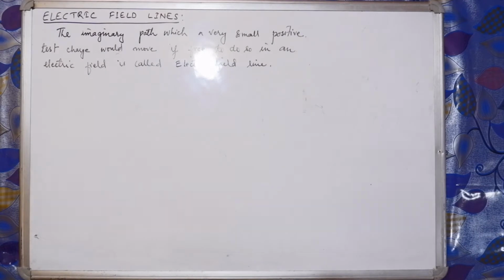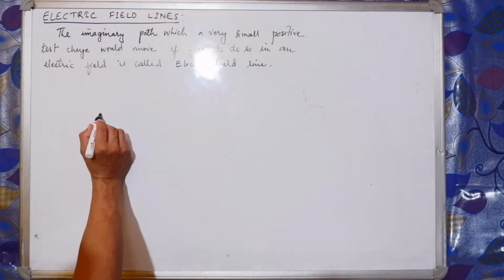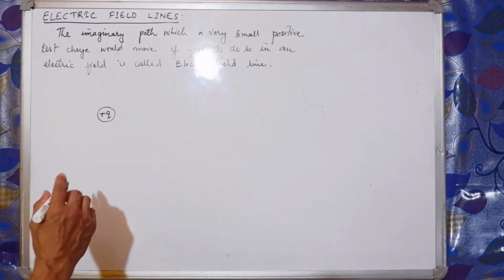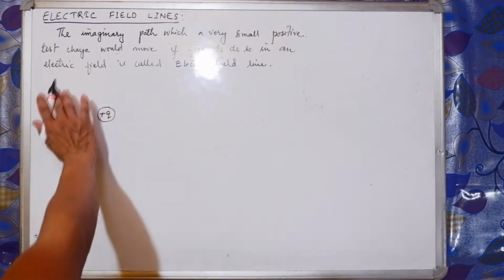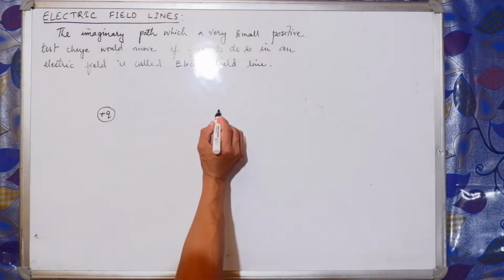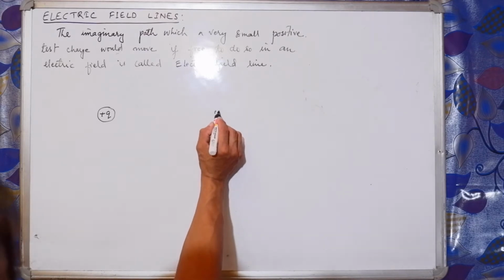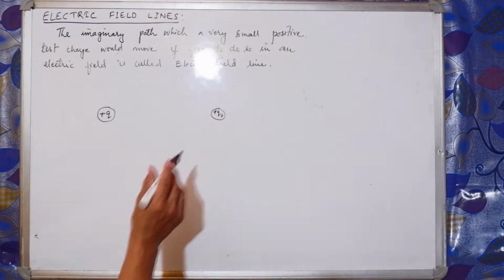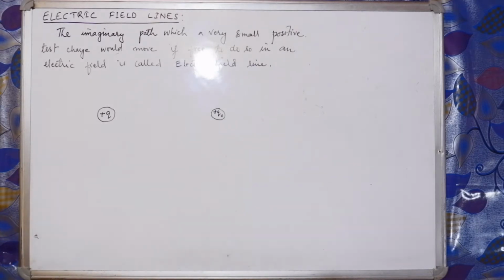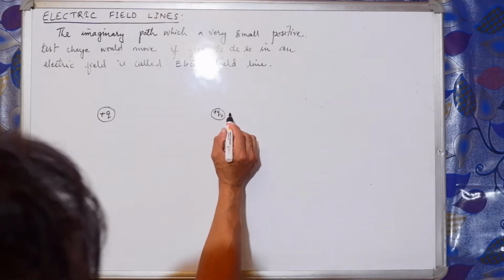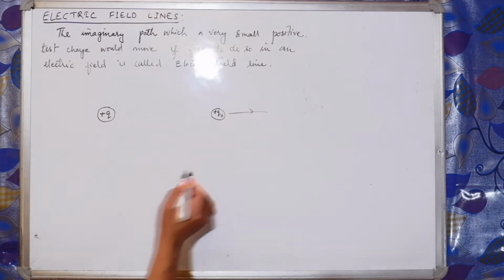Suppose we have a positive charge Q here. We know that this positive charge Q will set up an electric field around itself in this region. Now, for example, if we have a very small positive charge plus Q naught here and we allow it to move, that means it is free to move, it will move in a certain path.